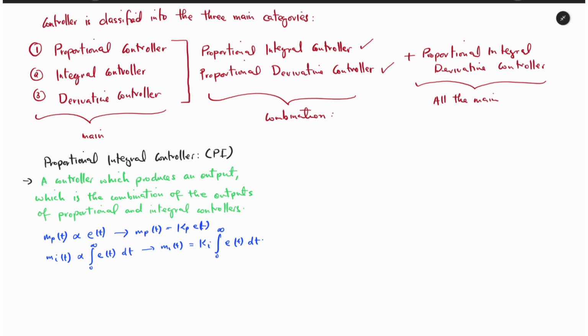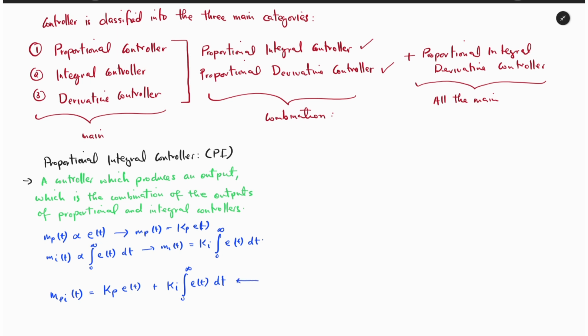Now we are going to combine. When we talk about the combination, we are now referring to the addition of both of the signals. So if we now have our final proportional integral controller design, focusing on the response of this system, we now can say MPI T is equivalent to KP ET plus KI integral from 0 to infinity ET dt.